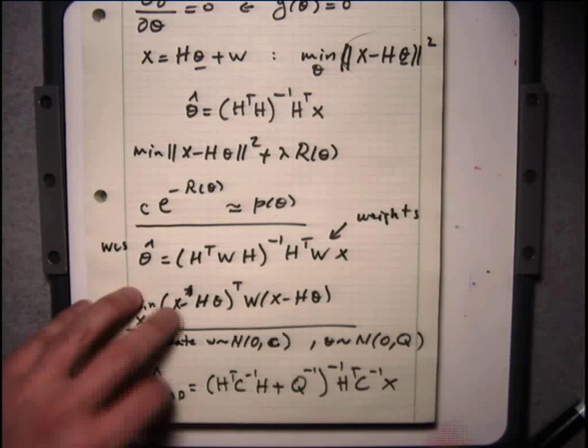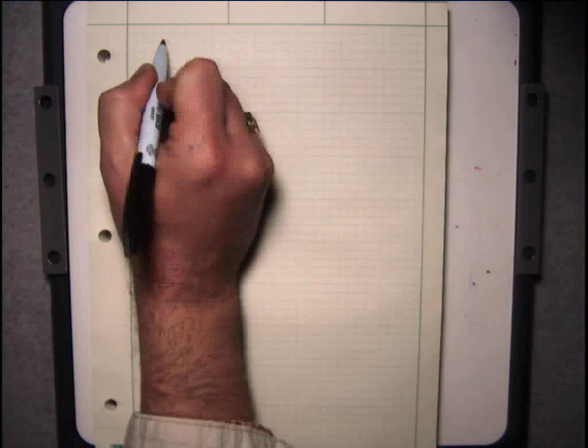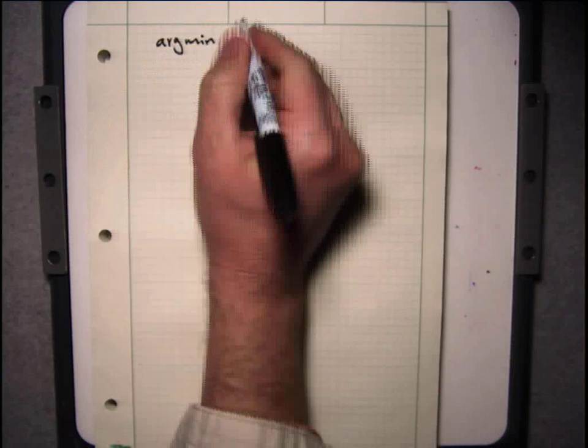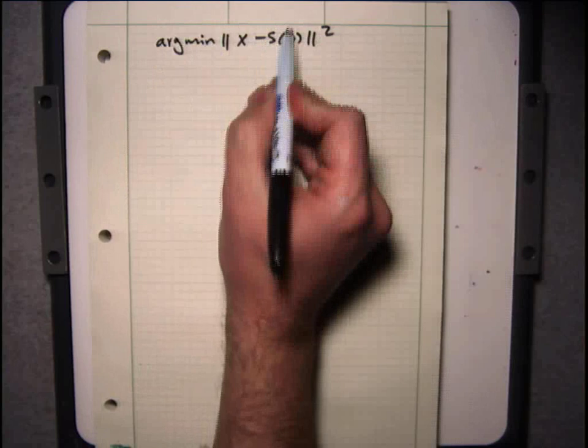So it's important to remember the geometric interpretation of least squares as well. I want to remind you that the geometric interpretation was that the signal you're going to reconstruct, in the linear least squares case anyway, is going to be a signal that lives in a space that is spanned by the columns of H. Now, even more generally, if you look at this argmin norm of x minus s of theta squared, then this signal s lives in some space, right?